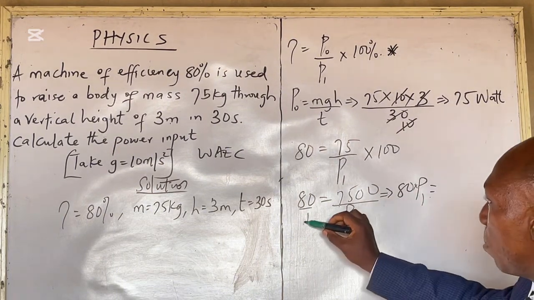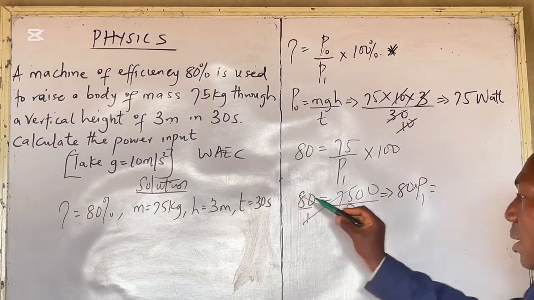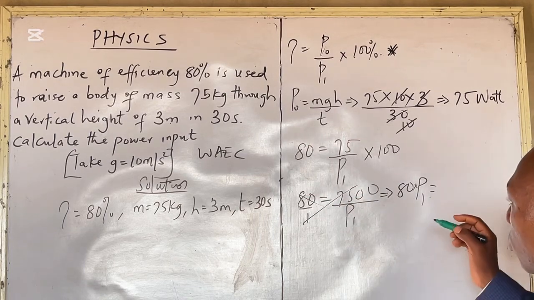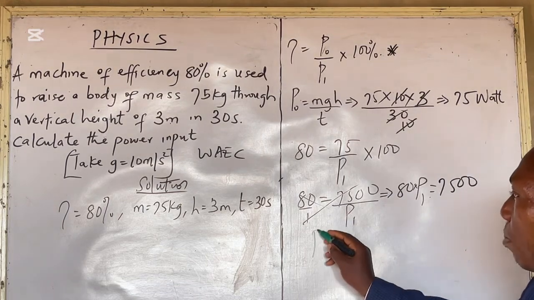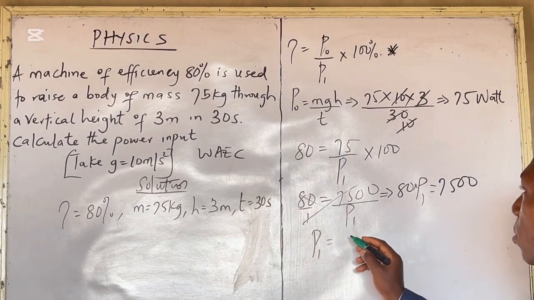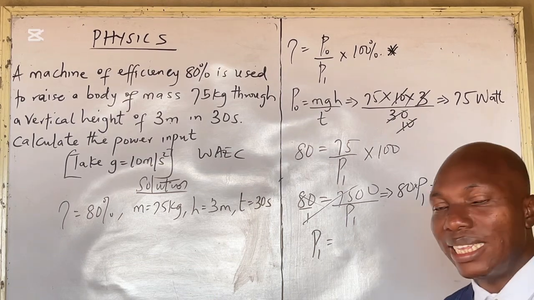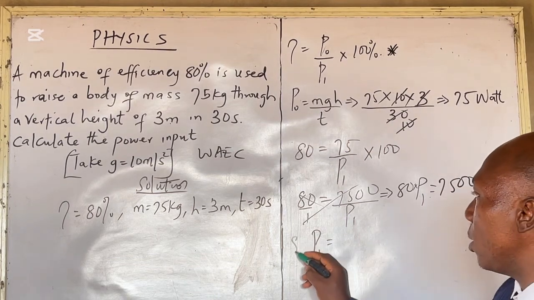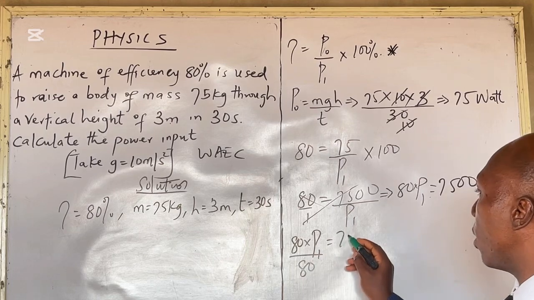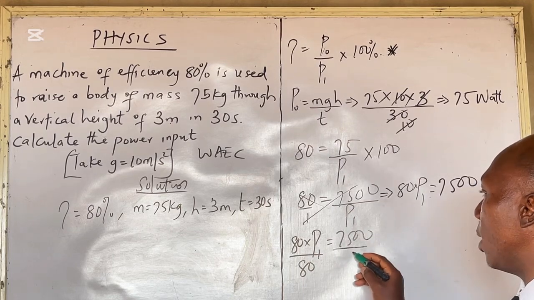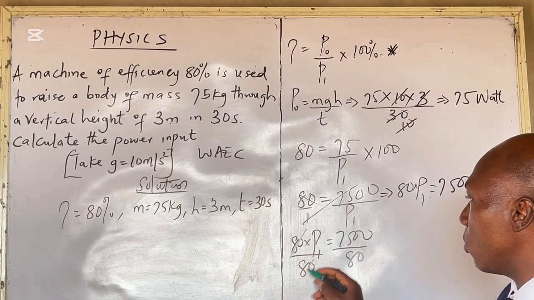If we cross multiply, we have 80 times power input equals 7,500. So we divide both sides by 80, giving 80 times power input over 80 equals 7,500 over 80. So 80 cancels 80.